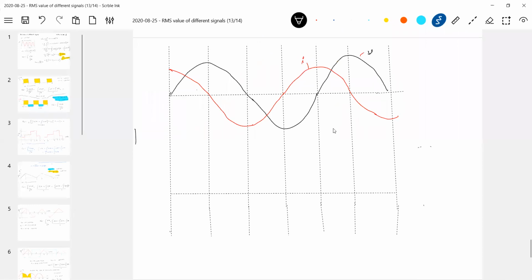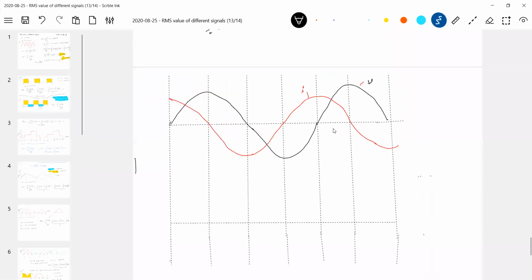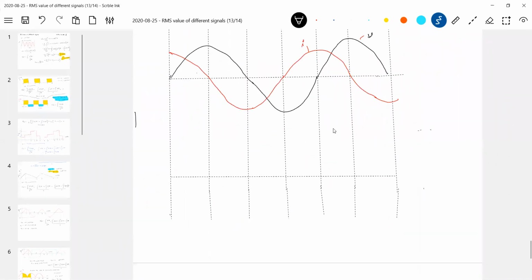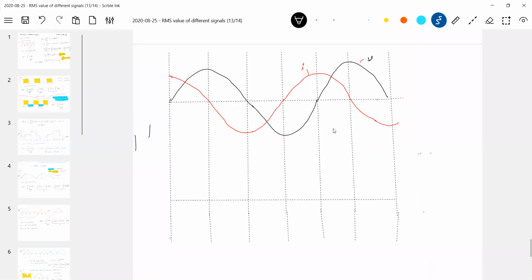What about the power cycle? First, what equation do we have? V naught I naught sine 2 omega t. So at t equals 0, the power should be 0 only. So the graph will be like this. This is one time period, no? T by 4, T by 2, 3T by 4, T. This should be 5T by 4 and this is 3T by 2.